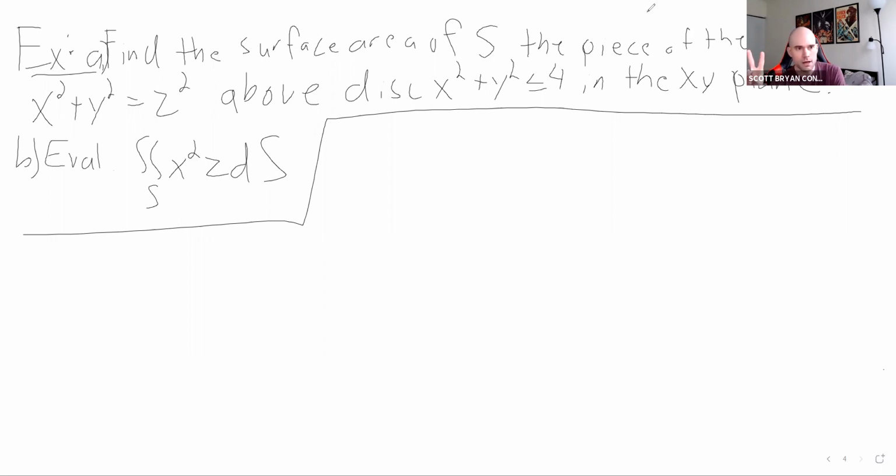We can either use a convenient coordinate system, so cylindrical or spherical, and use the equation of the surface in that coordinate system to replace one of the variables so that we only have two parameters. Or we can parameterize it as the graph of a function. In fact, either of those will work here, but there's definitely an easier thing we can do.